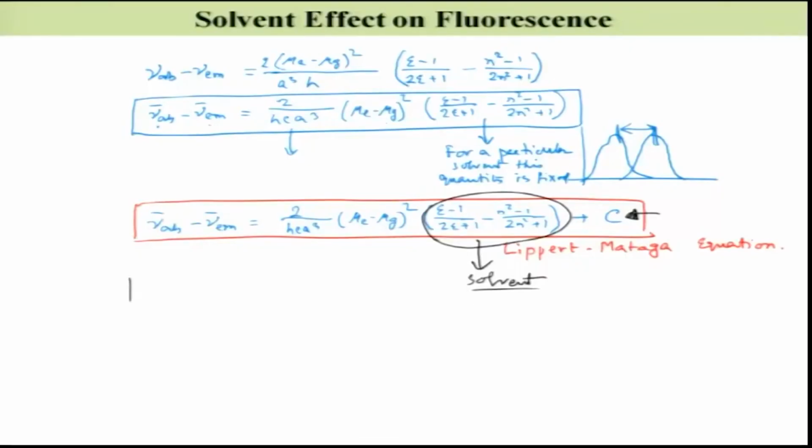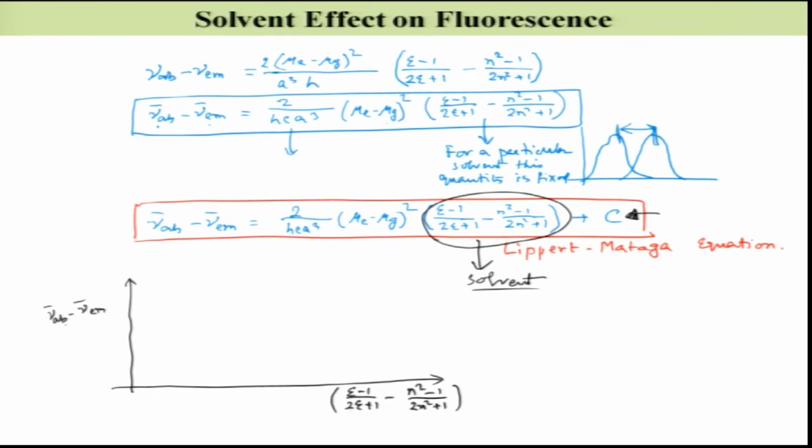Then I take this difference, nu bar absorption minus nu bar emission, and I can simply plot it versus the solvent. The solvent is designated by this function, epsilon minus 1 by twice epsilon plus 1 minus n square minus 1 by twice n square plus 1.